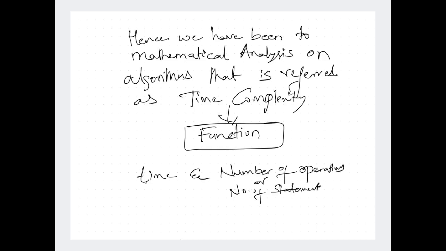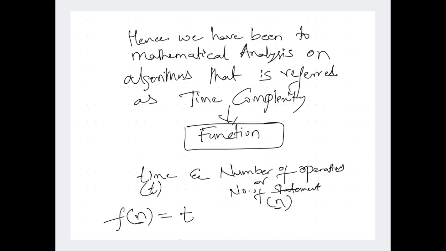This time is denoted by small t and the number of operations or number of statements is denoted by small n. Now this function is denoted by f of n, and when I substitute n in the function, I get a time.